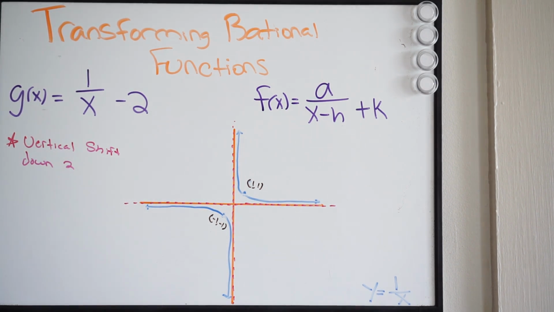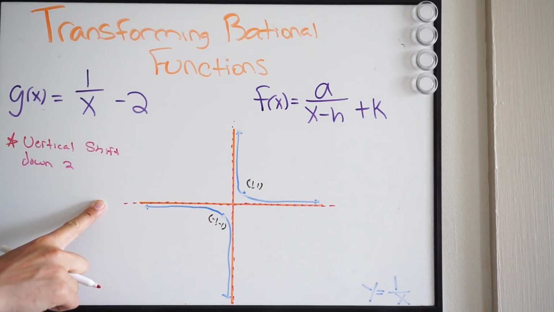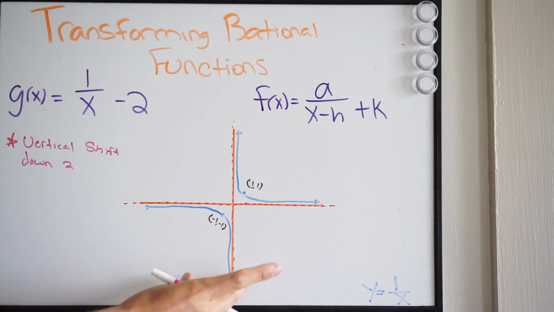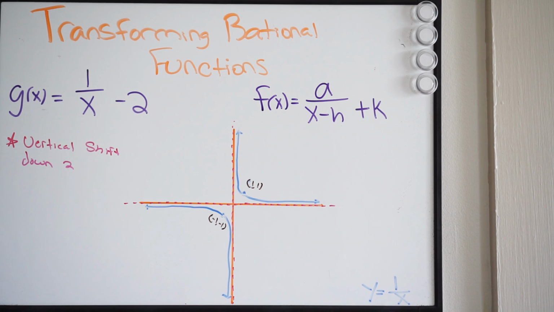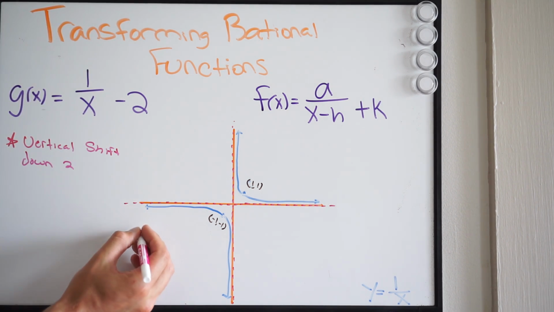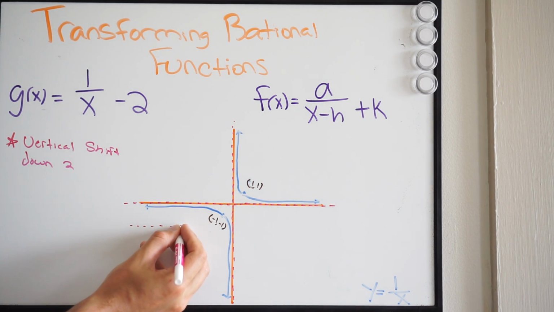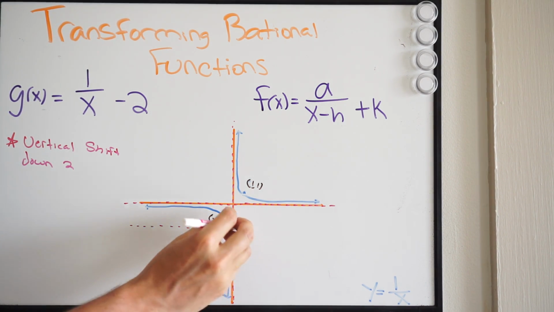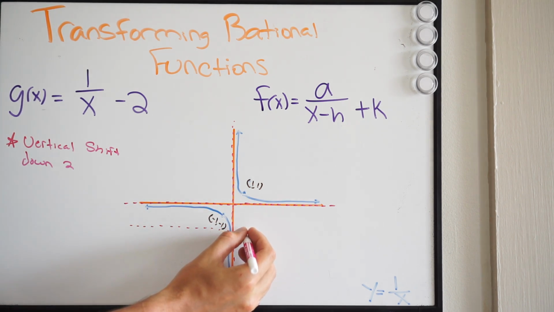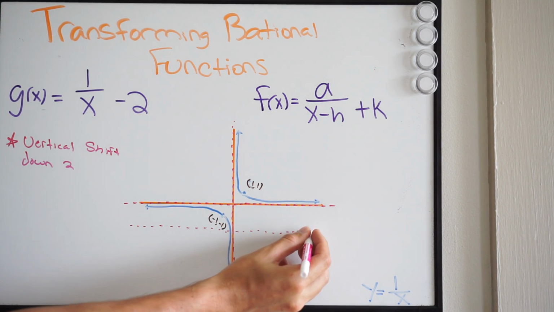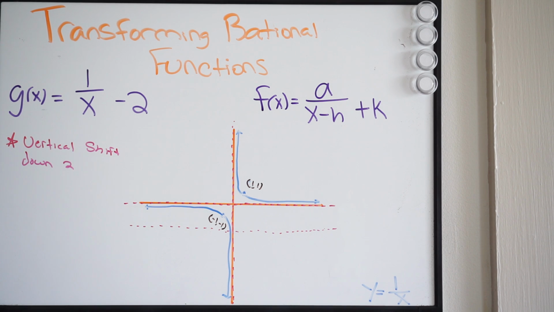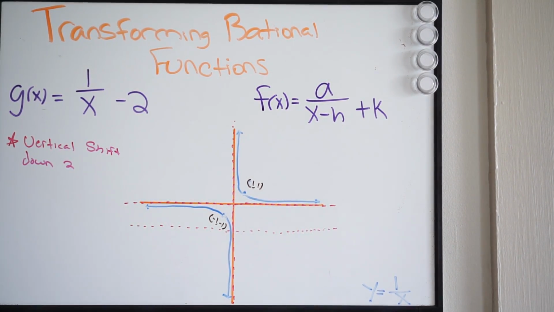That is going to be the horizontal asymptote, because this whole thing is being shifted down 2. So now I'm going to have a horizontal asymptote at -2. I'm going to put in a dashed horizontal line at -2. This is just for an example. So my horizontal asymptote at -2.